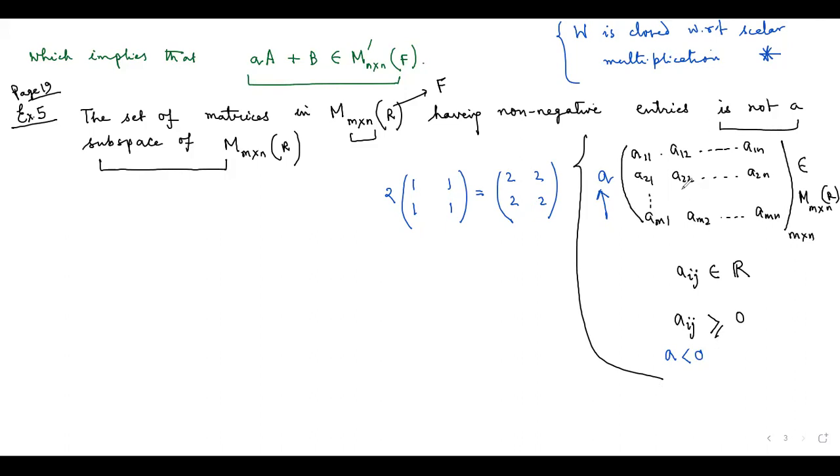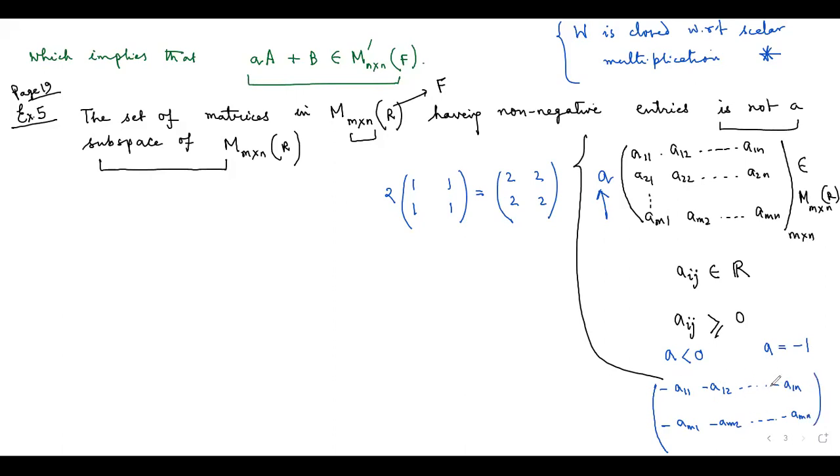then the elements will become negative. So if A is negative, suppose A is -1, then the outcome of this multiplication will become minus A11, minus A12, minus A1n, minus AM1, minus AM2, minus AMN.